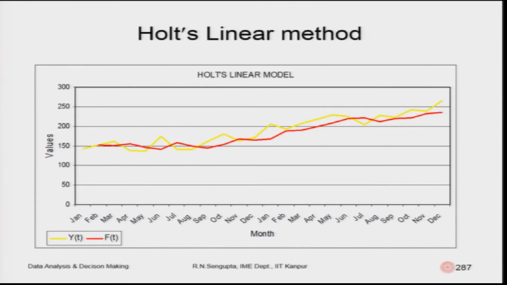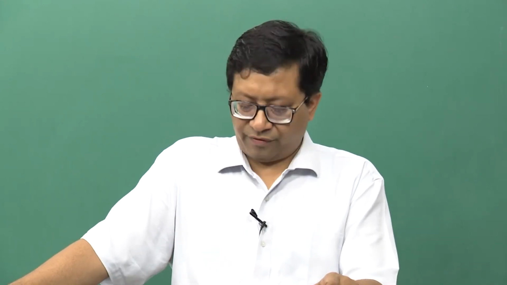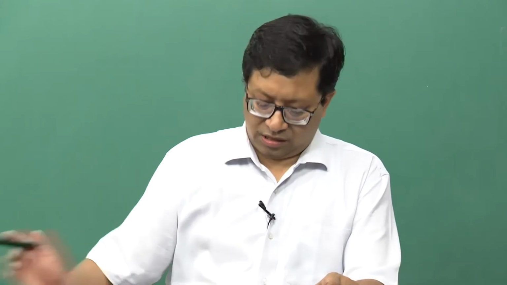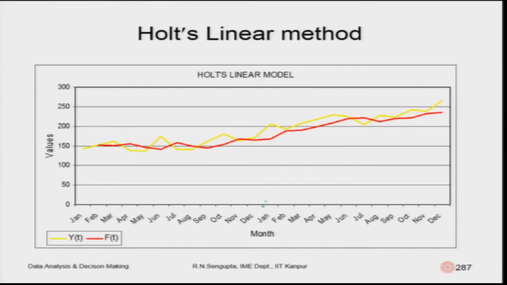So, for the Holt-Winter method I just plotted the values of alpha and beta which I have taken. The yellow one and the red one are the lines for the actual value and the predicted value. The actual value for this set of problems is denoted by y, and the predicted value is denoted by f, suffix t being for the time period. If you see the differences, if I consider January as a straight line, this difference is the error for the middle of January, December.